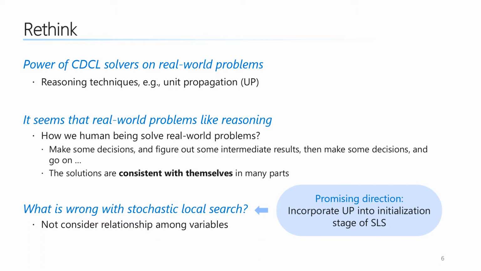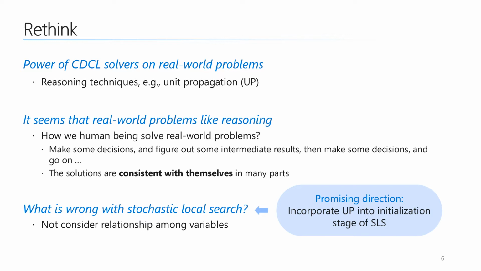Let's think about how we human beings solve real-world problems. We first make some decisions, and then figure out some intermediate results. After that, based on those intermediate results, we make some decisions, and go on. Actually, through this way, the solutions are consistent with themselves in many parts.